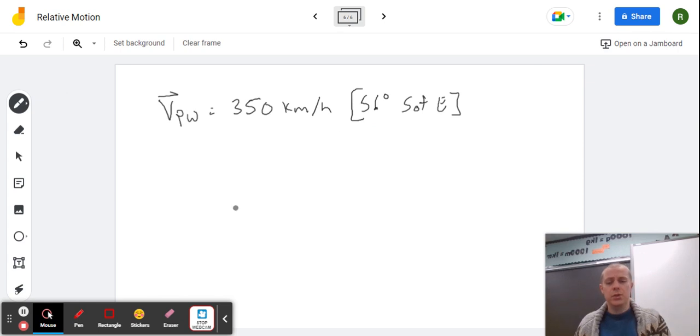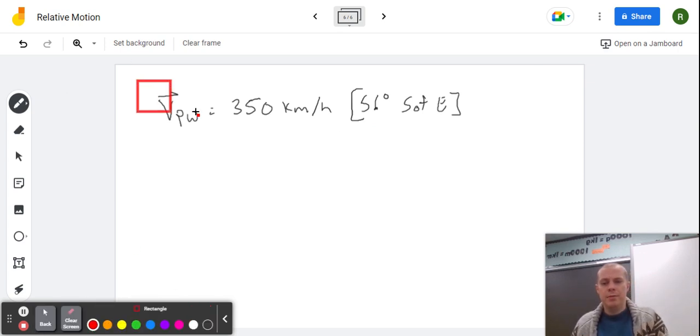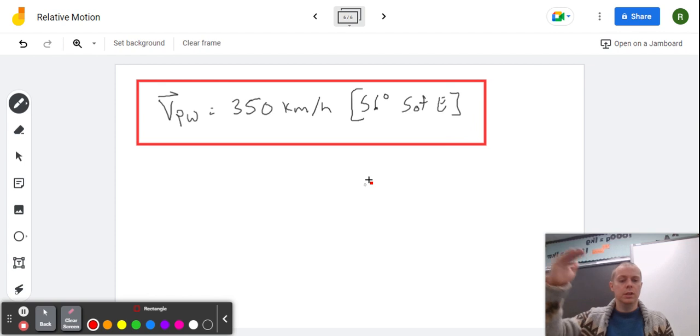So what this means is, in order to fly from London to Rome in 3.5 hours, to cover that distance with the wind speed the way it is, this is how the plane would have to fly. They would have to fly at 350 kilometers per hour, and they would have to fly a little more south than flying actually there. And then the wind speed is going to carry them the rest of the way. So they make their flight in the 3.5 hours, okay, with the right direction.